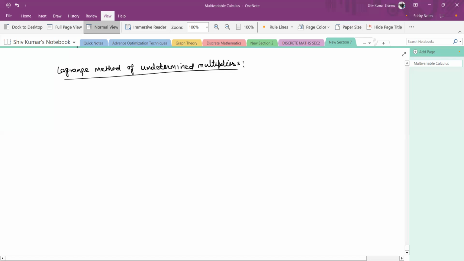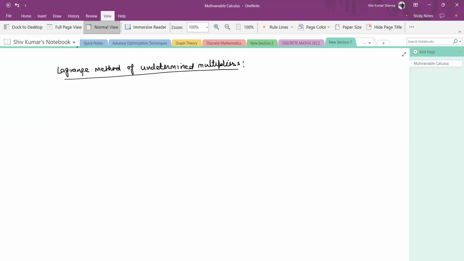Undetermined multipliers. So we have some undetermined multipliers, that is lambda, mu, etc. So we have to calculate the value of the multipliers also.